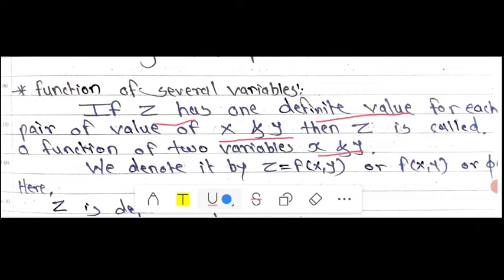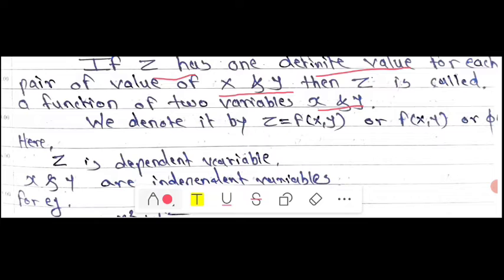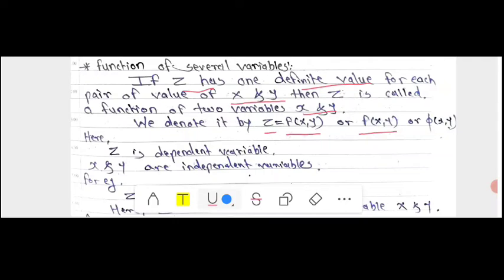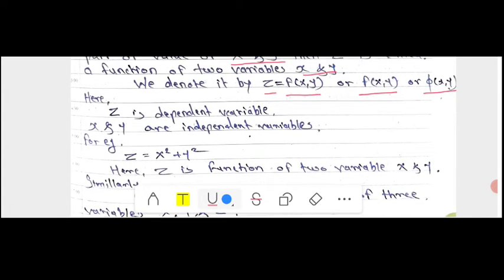We denote the function using the notation z = f(x, y), or just f(x, y), or phi(x, y). These are the notations we use to represent a function of two variables. In this notation, z represents the dependent variable and x and y are independent variables.